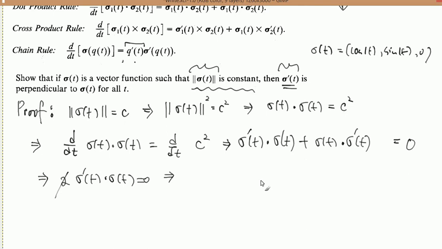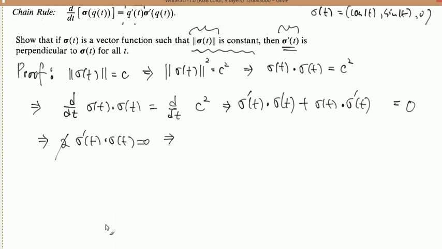But the next thing is harder to understand, and I'm going to apply this to the velocity vector. This is called a corollary. Suppose it is moving at constant speed like this. Isn't that what it means? Sigma prime t being constant, just like circular motion, or it could be something else, very different, but moving at constant speed.